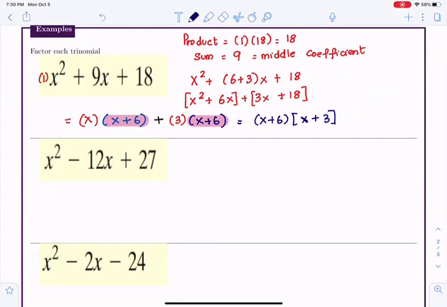So here we have one with a negative sign. So we have negative 12, and there is positive 27. So when we multiply 2 easy numbers that I pick, I must get the product of 1 and 27.